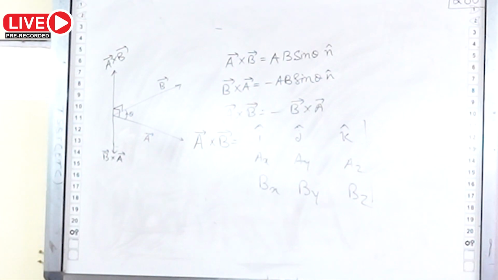This determinant will give you the calculation of the cross product. If two vectors are given in component form, that is Ax i cap plus Ay j cap plus Az k cap, and similarly B is given, then by calculating this determinant you can find the value of the cross product.